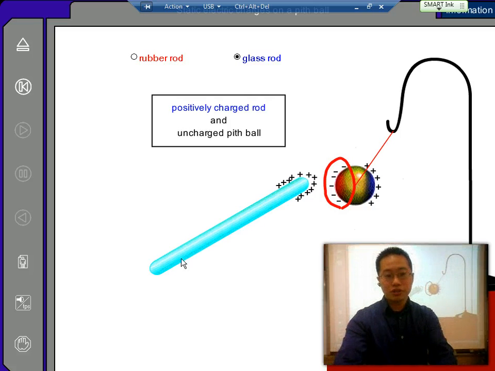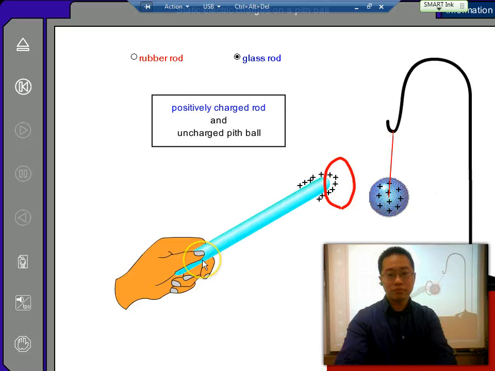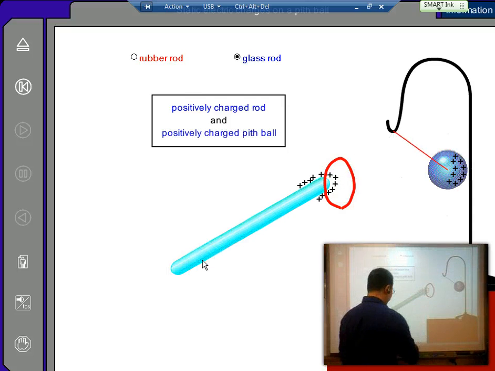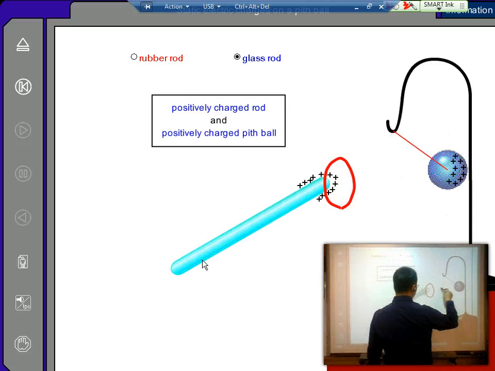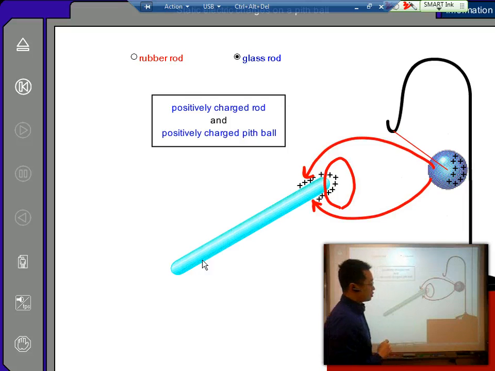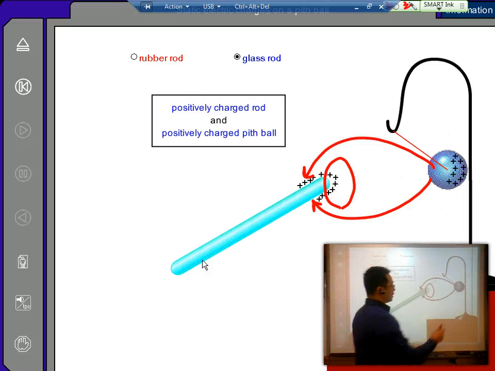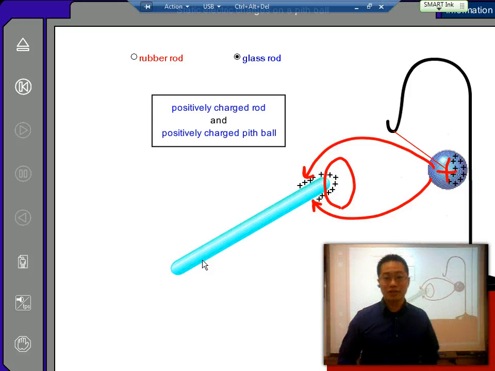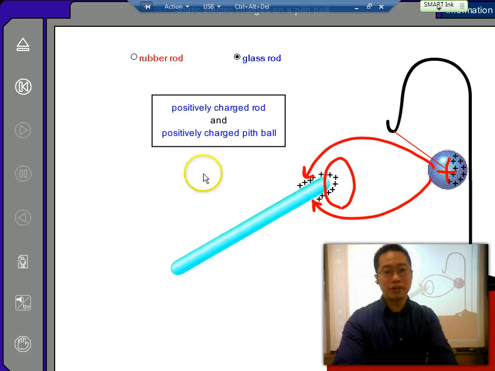And when you touch through conduction, a lot more electrons jump off the pith ball and jump onto the charged rod, which leaves the pith ball positively charged, and a positive charge will, of course, repel another positive charge.